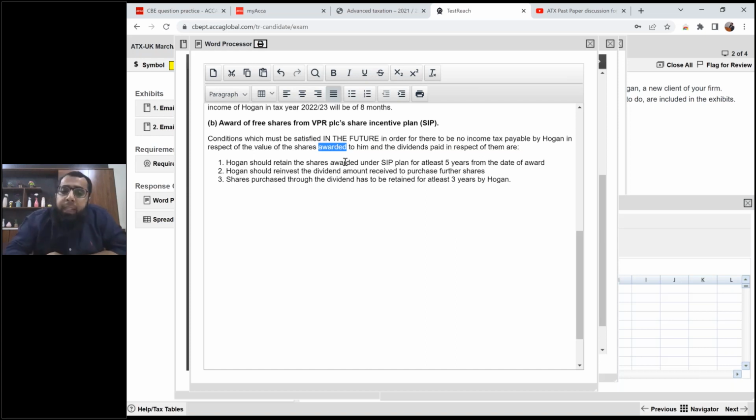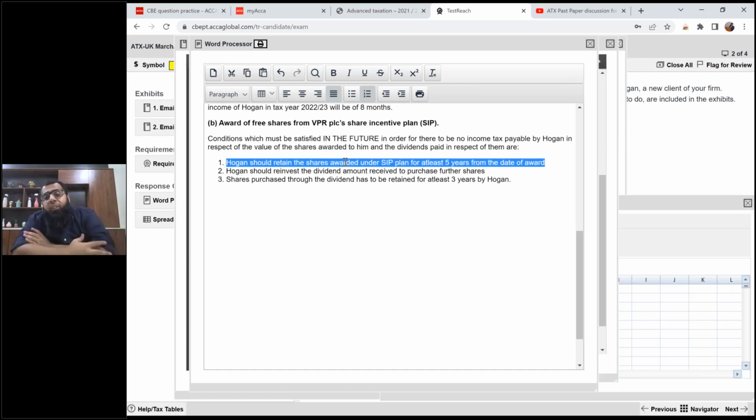Now, when you get shares under the share incentive plan, you have to retain them for at least 5 years if you want to make sure that there is no tax on it. If you sell them before 5 years, there are two situations.